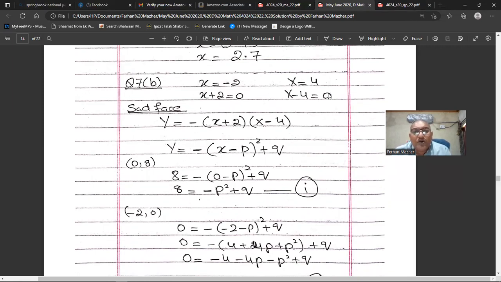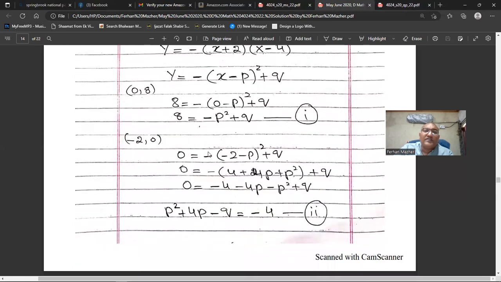So I'm going to use this equation and put the y-intercept in it. The y-intercept means the point through which this line passes is 0, 8. In place of x, I will put 0, and in place of y, I will put 8. So you will have 8 equals minus bracket 0 minus p bracket close whole square plus q. So it will be 8 equals minus p square plus q.